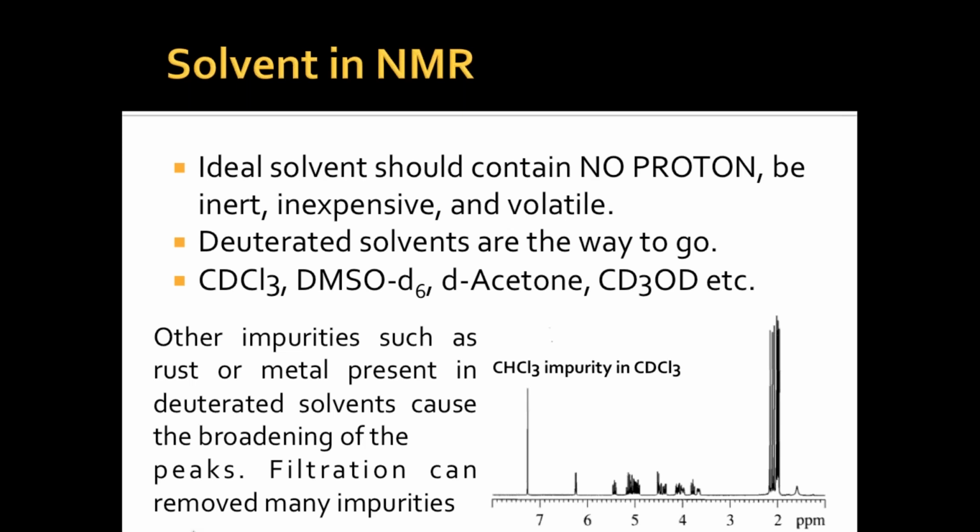DMSO-d6, dimethyl sulfoxide, CH3SOCH3, has 6 hydrogens, and those 6 hydrogens are replaced with deuterium. Similarly in acetone, similarly in methanol. So if you replace the hydrogen with deuterium in all those solvents, you can use them for NMR, so that they do not interfere with our compound's NMR.